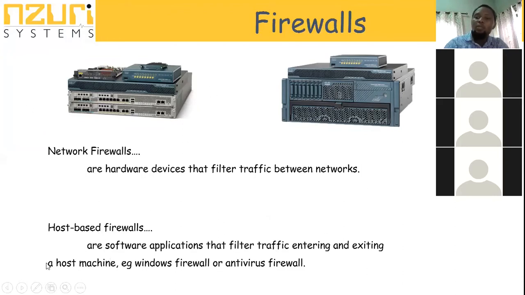Then we have host-based firewalls. These usually are not hardware, but are embedded into software applications like our operating system. So I have something like a Windows firewall or even my antivirus software. Most antiviruses would have a firewall feature embedded into them, and Windows itself also has a firewall feature.